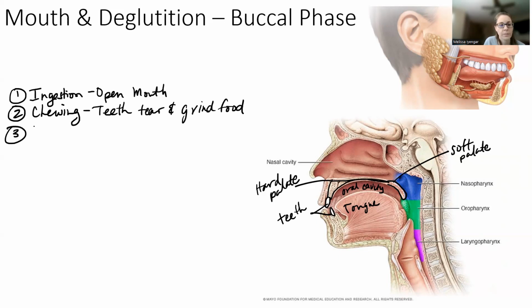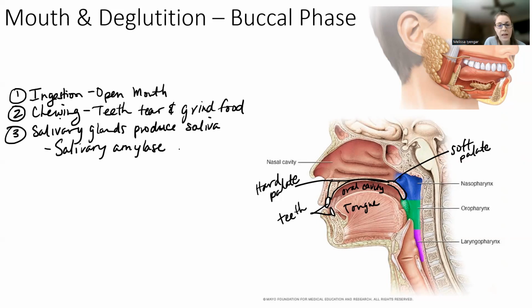Saliva includes salivary amylase. Remember, salivary amylase takes carbs and breaks them into smaller carbs.